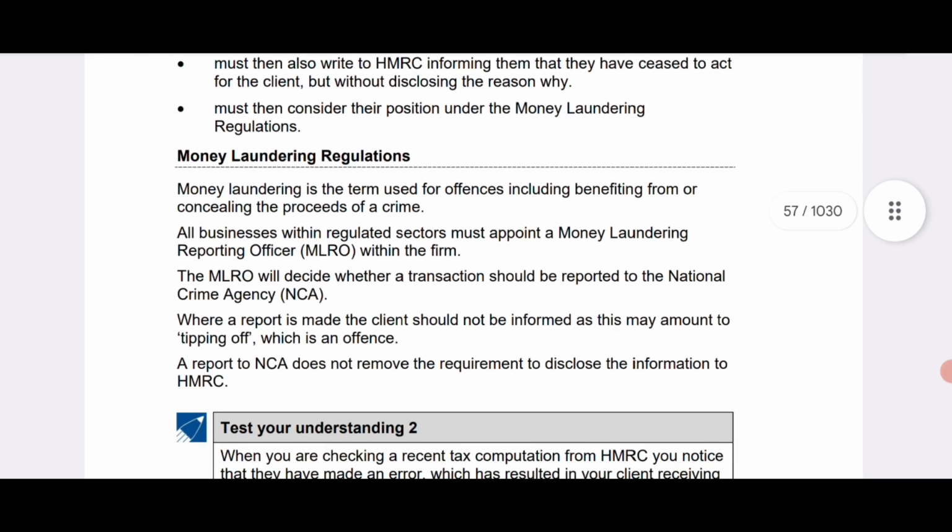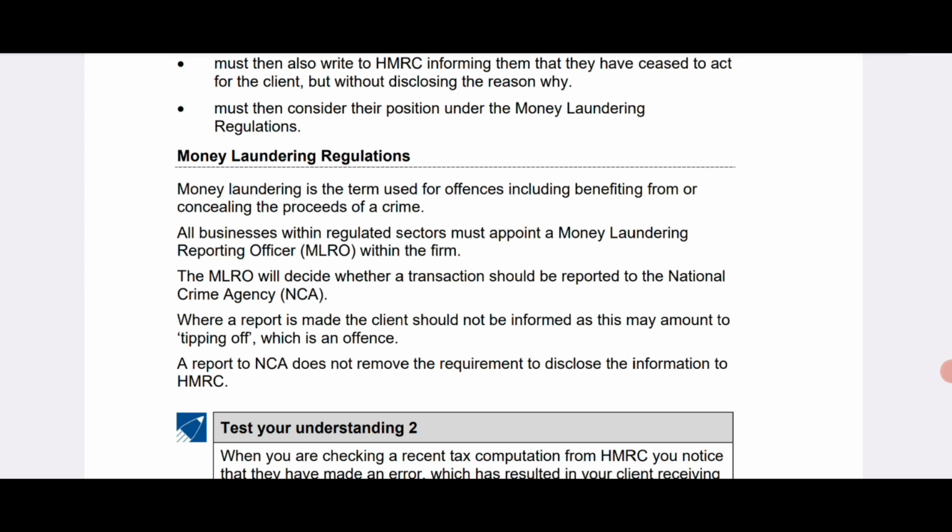Money laundering and regulation. This is one of the worldwide issues. Many students are aware of this day by day, hearing every day from banks or other stakeholders. They need some information for due diligence, just to make sure no money laundering transactions are going on.